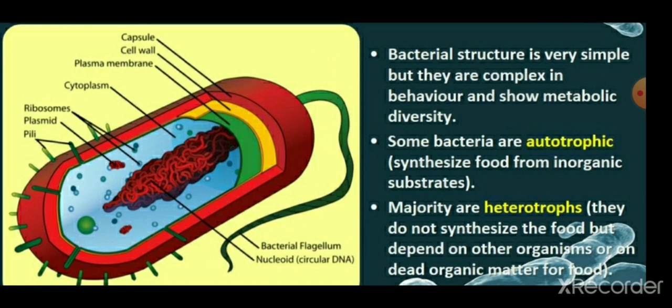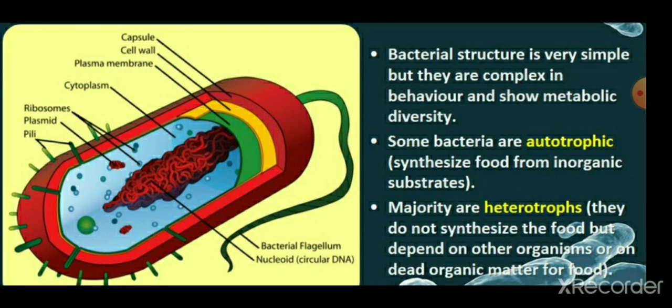Children, this is the picture of a bacterium. You can easily see the outermost capsule is present. After the capsule, a hard cell wall is present, and then the cell membrane, we can say the plasma membrane, and in between there is the liquid structure which is called the cytoplasm.